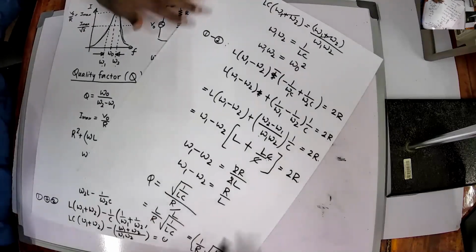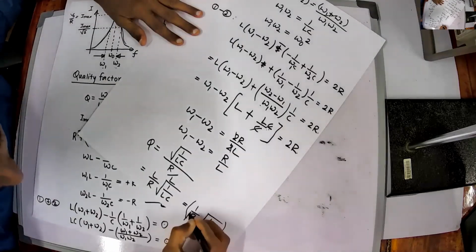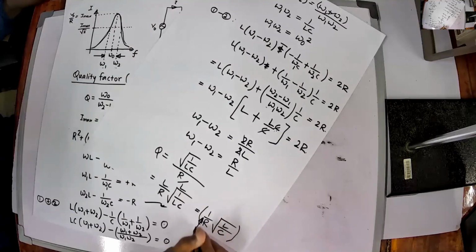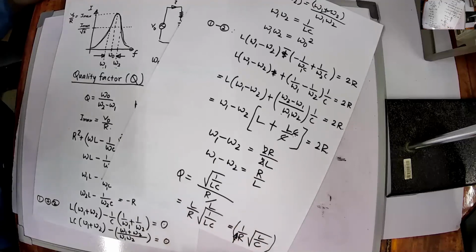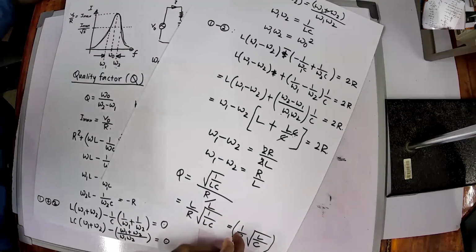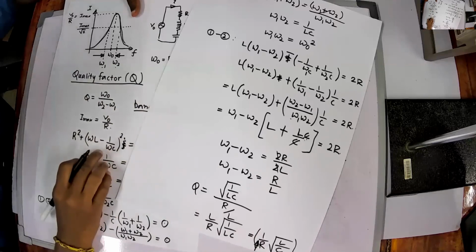So using this equation, what you can say is, if your resistance is high, then your quality factor will be low.